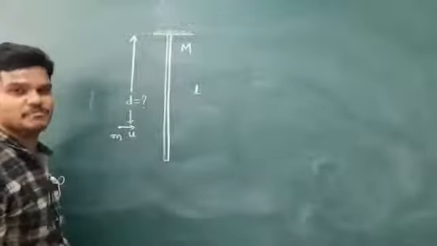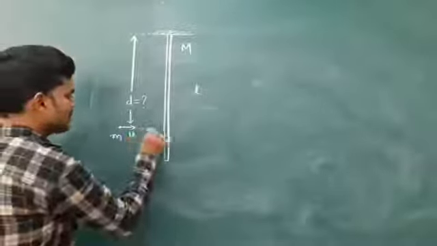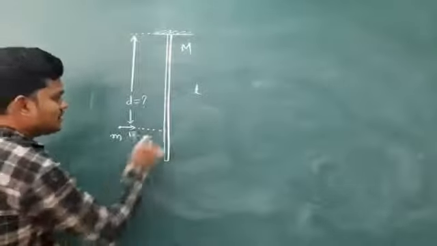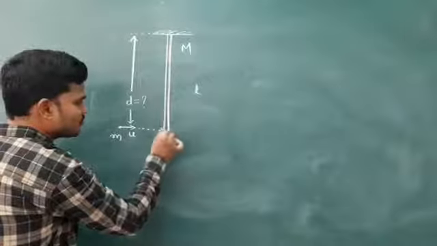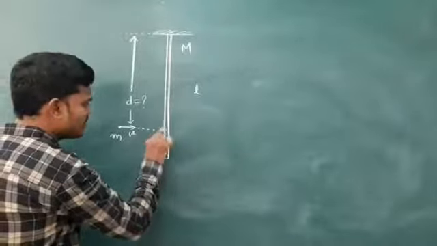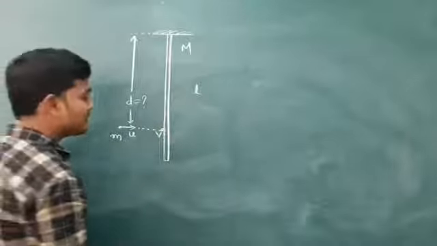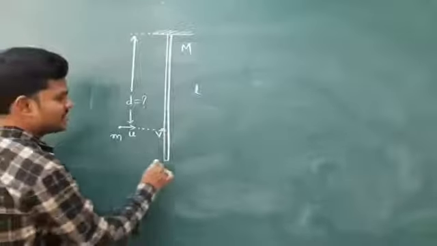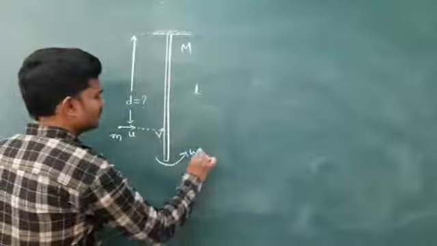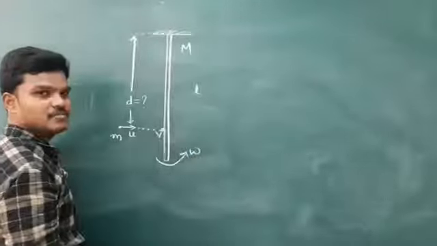Any impulse means momentum. Okay. So this is the particle, and once it strikes, no doubt after the collision this particle has some speed. Let us suppose v is the linear speed of the particle after the collision, and due to this the rod rotates with an angular speed omega.